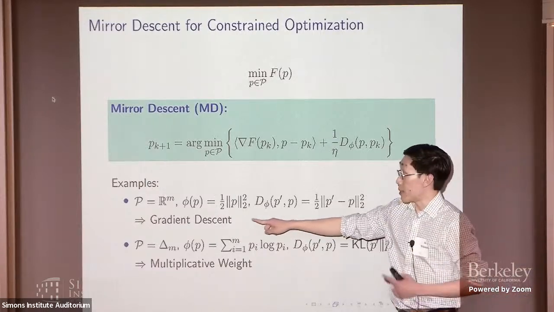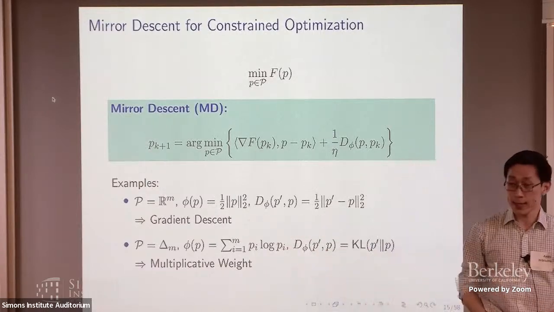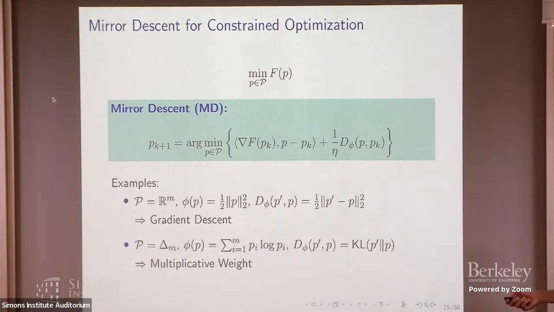And then this mirror descent gives back the classical gradient descent. But on the simplex, if we choose the regularizer to be negative entropy, then the Bregman divergence becomes KL divergence. And then this gives us the multiplicative weight update algorithm. Right? But in general, you can pick any regularizer you want.